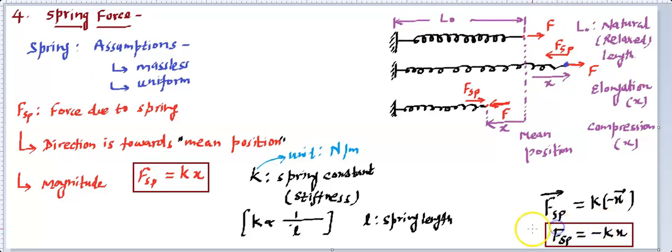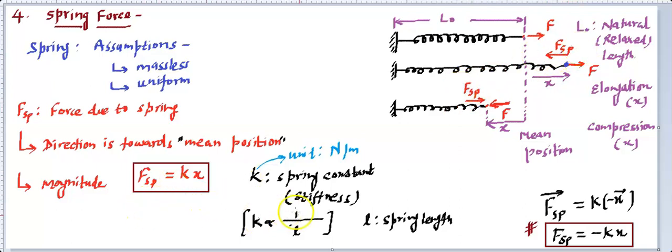The force is opposite. So this is how you can write the force expression. Both are correct. This is a very important force called the spring force. It is a pulling as well as pushing effort. Its magnitude you can remember by kx.